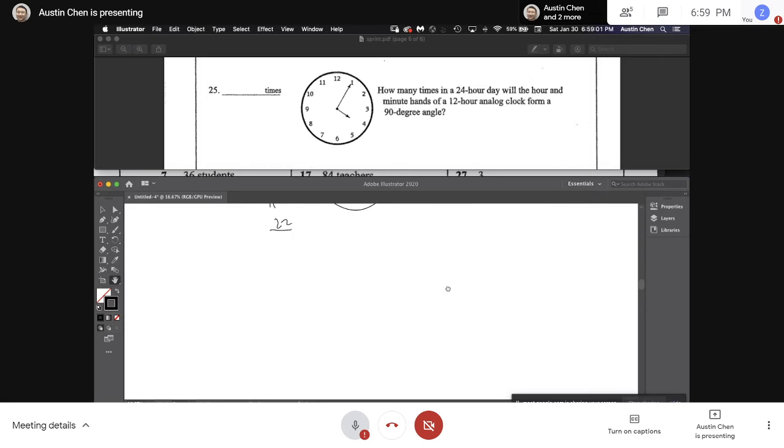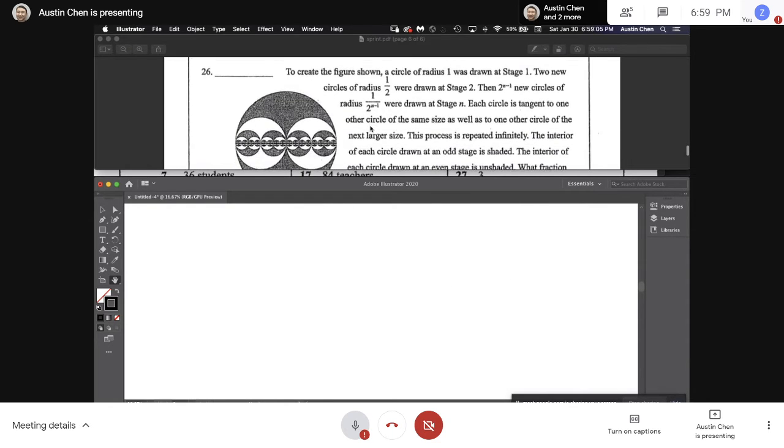All right. Next problem. To create the figure shown, a circle of radius 1 was drawn at stage 1. Two new circles of radius 1/2 were drawn at stage 2. Then 2^(n-1) new circles of radius 1/2^(n-1) were drawn at stage n.